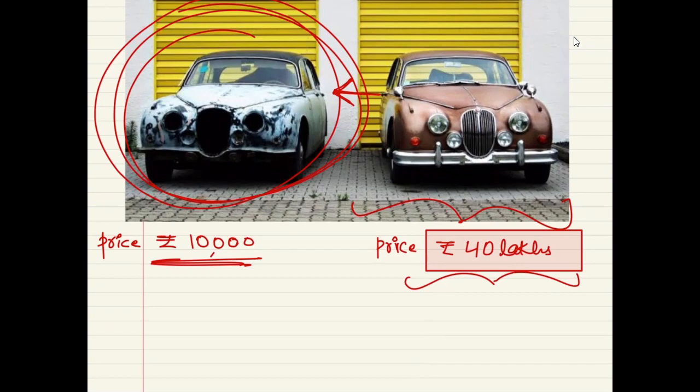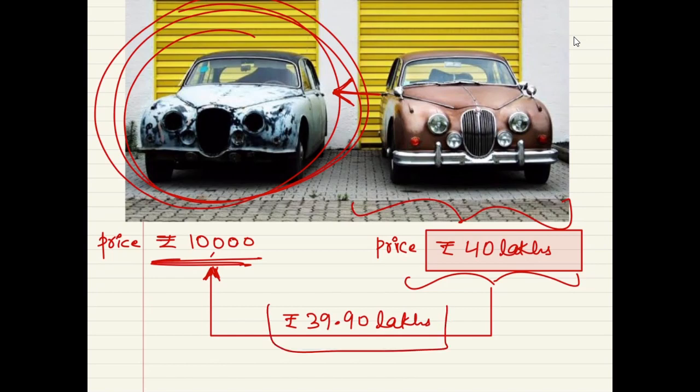So how much is the fall if I calculate? The fall is rupees 39.90 lakhs. That is the price which is reduced from 40 lakhs to just rupees 10,000.